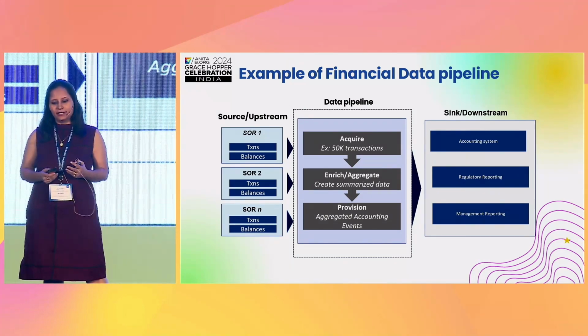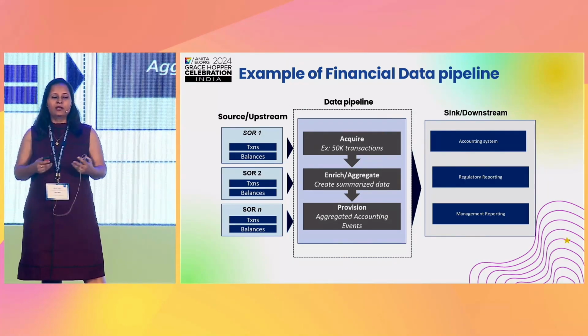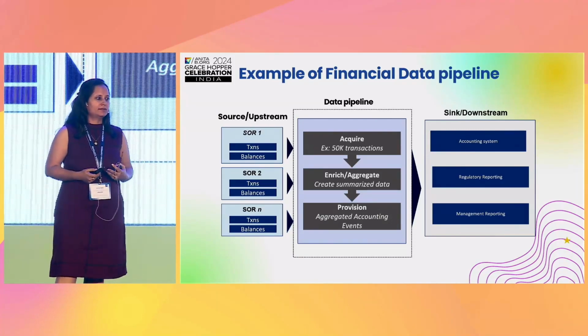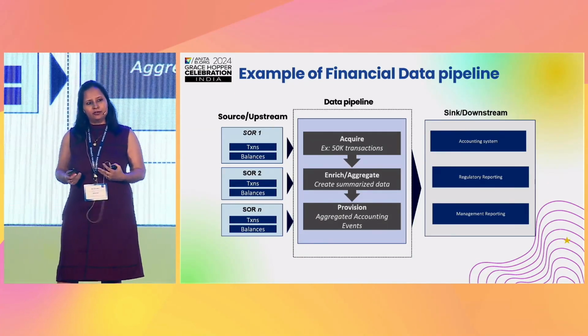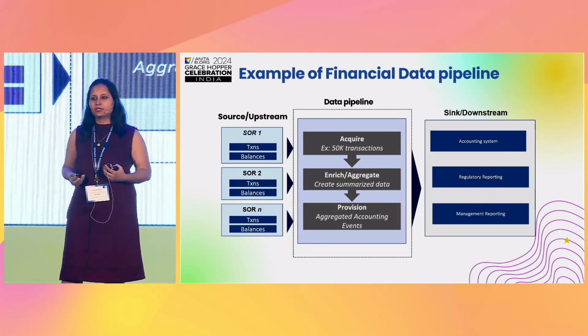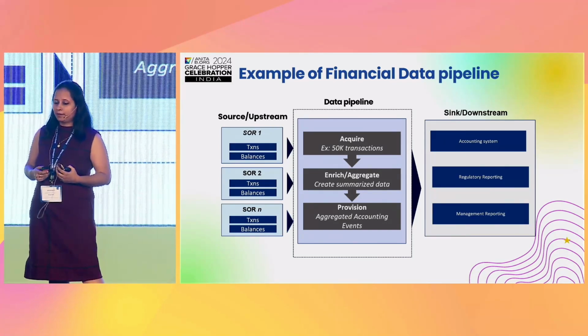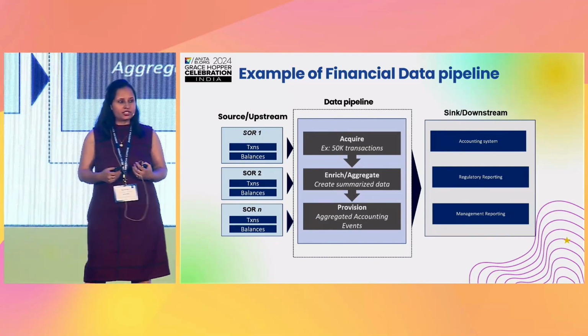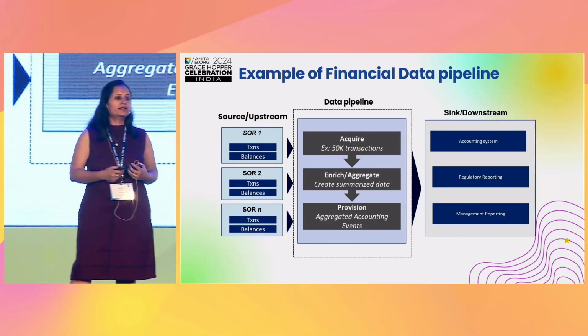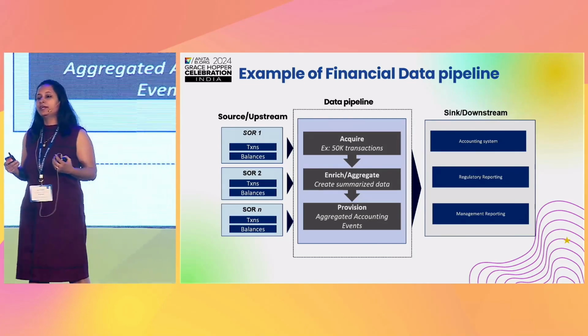We ingest that data into our data pipelines, which have various integration mechanisms like table to table integration, file to table, file to file. With these various integration mechanisms, we ingest the data, acquire it, enrich, aggregate it, and create a summarized view of the accounting events.